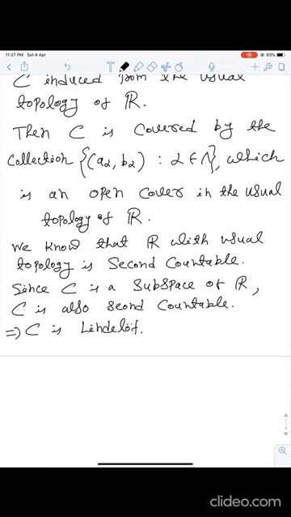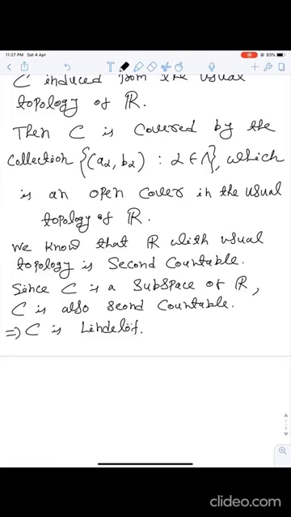Remember, we cannot use the fact that R is Lindelof, that will imply C is Lindelof. Why? Because the subspace of a Lindelof topological space may not be a Lindelof topological space. We will prove that later. That's why we cannot use that kind of result, because that is not true. So we have to come via this way.